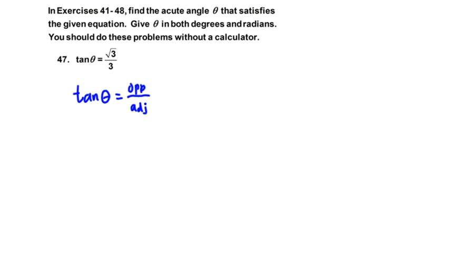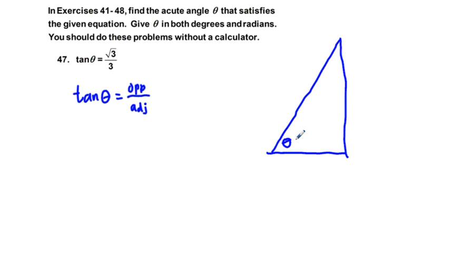We'll try the 60-degree angle we worked with last time. So we draw this, theta here equals 60 degrees, and our adjacent side down here is equal to x. Our opposite side is equal to x square root of 3, and our hypotenuse is equal to 2x.